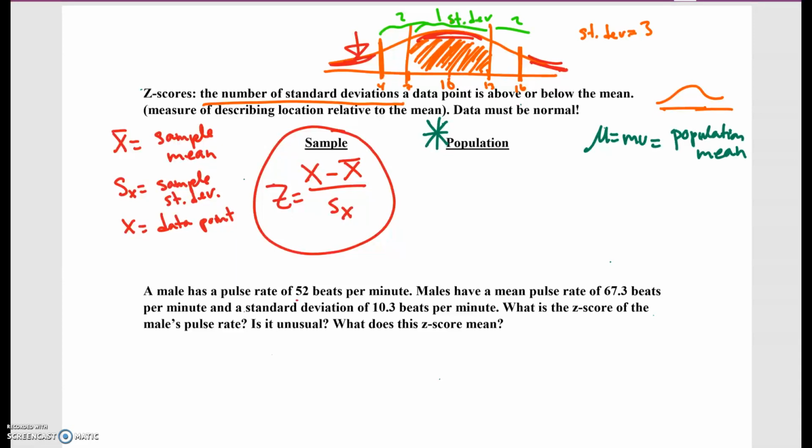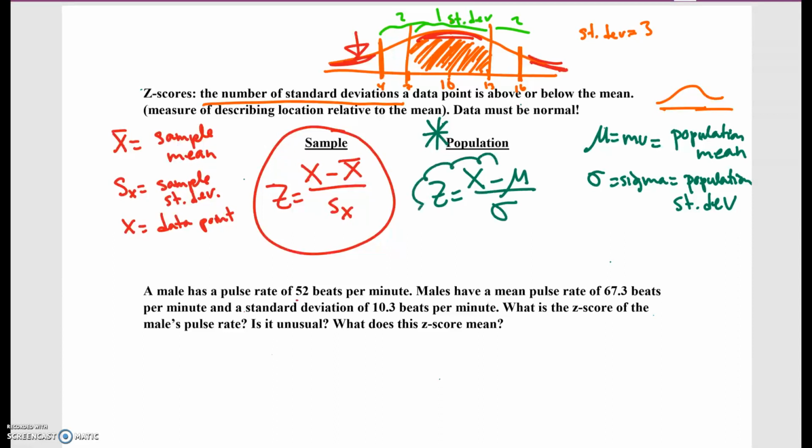Then we have sigma, which is the population standard deviation. So the z-score for a population is equal to X minus mu divided by sigma.